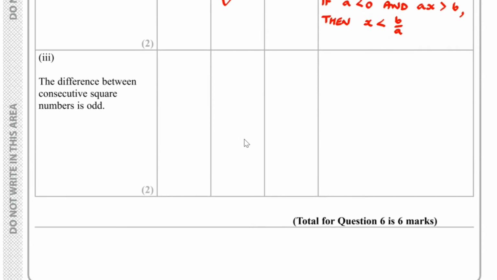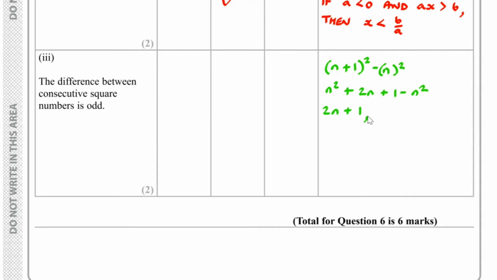And now for the next one, the difference between consecutive square numbers is odd. Well, if I have consecutive numbers n plus 1 and n, the difference between the squares of those will be (n plus 1) all squared minus n squared, which is the same as n squared plus 2n plus 1 minus n squared, and tidying this up we get 2n plus 1.